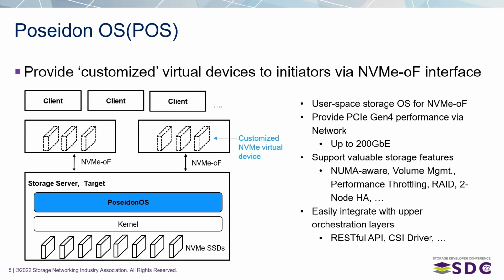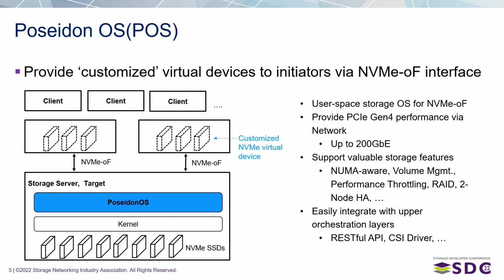These devices are discovered as virtual block devices on the initiator side. It provides PCIe Gen 4 performance via network over a 200 gig connectivity, and it supports various storage features, for example, NUMA awareness, volume management, performance throttling, RAID, HA, etc.